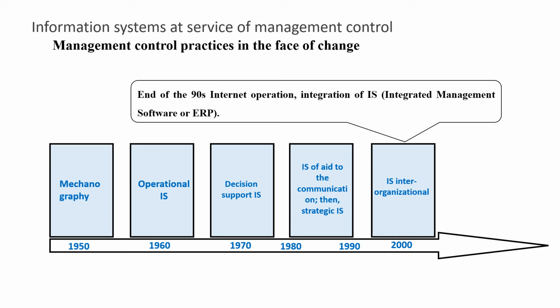We can see in this timeline the process of the upgrade and augmentation of our operational information system. So the information system must be adapted to change in the environment.